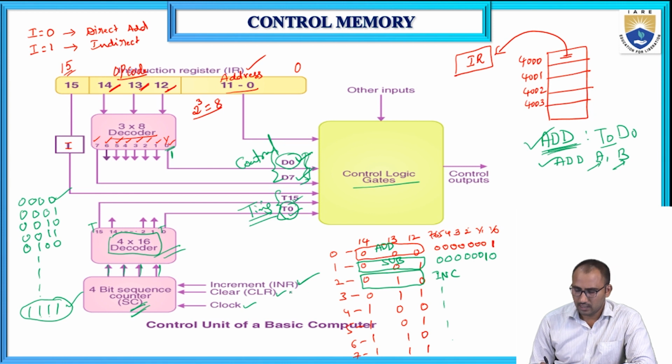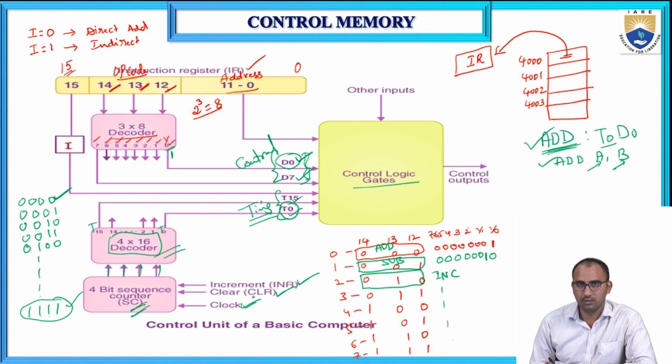Next, clear. Clear can be used to clear the sequence counter. When we apply a clear signal to the sequence counter, it will be initialized to the all-zeros sequence, which becomes the starting count.